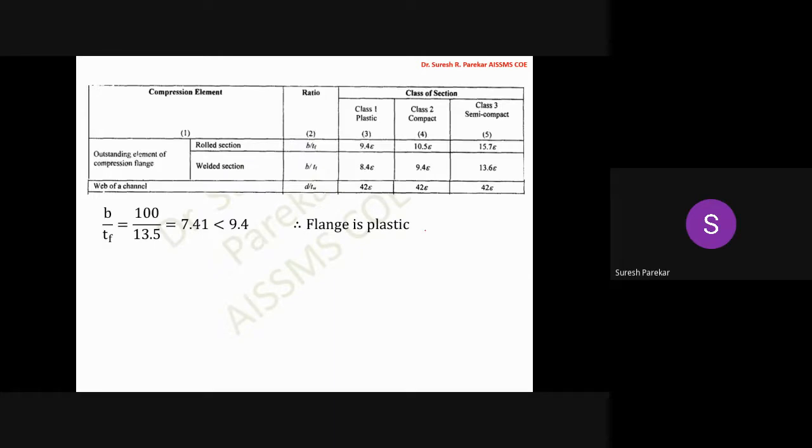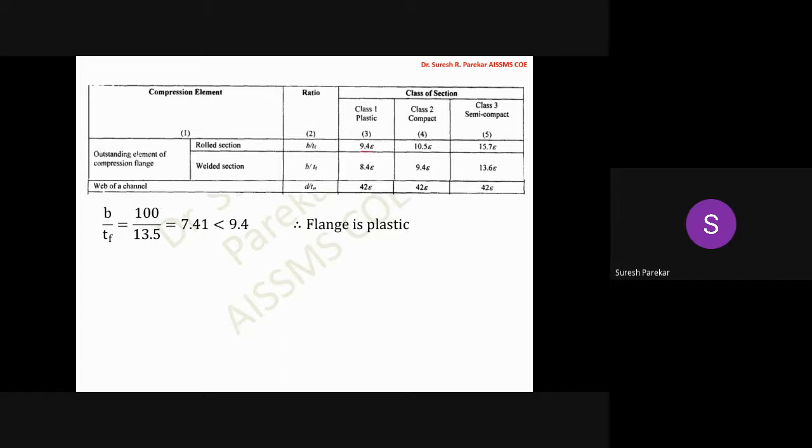Again, we have to go to Table 2, and from this, we can calculate B by TF, that is, the flange is plastic. So you can see for the rolled section B by TF, and the figures are given if you go to the page which is behind your Table 2. And from this my value of B by TF is less than 9.4, which is given over here.